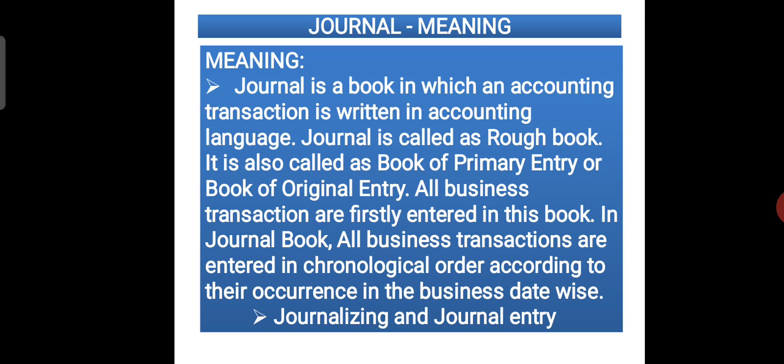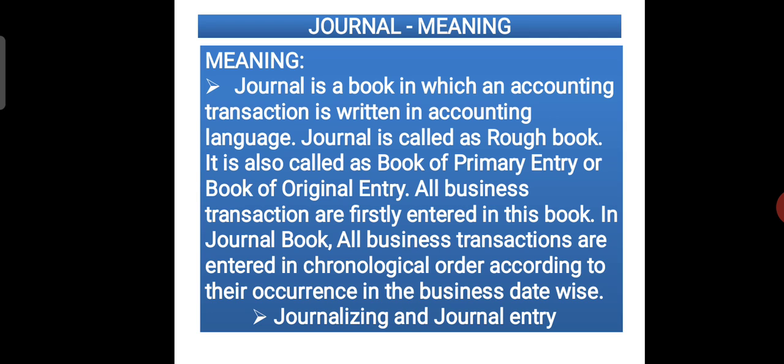But whatever the record we may maintain, and whatever information we want to record in those books or records, that information can be collected from this journal. So it is the original entry where we record the information of a business transaction. So it is called book of original entry.